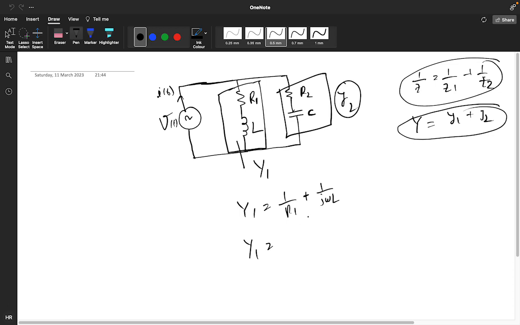Or you can directly write like this. What is the Z1 value? R1 plus j omega L. So what is Y1 value? 1 divided by R1 plus j omega L.